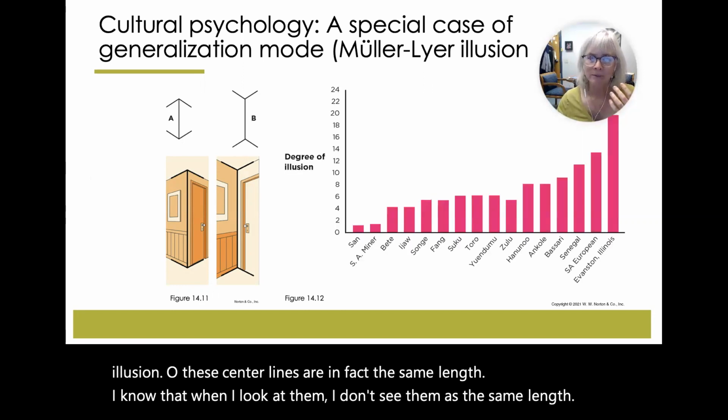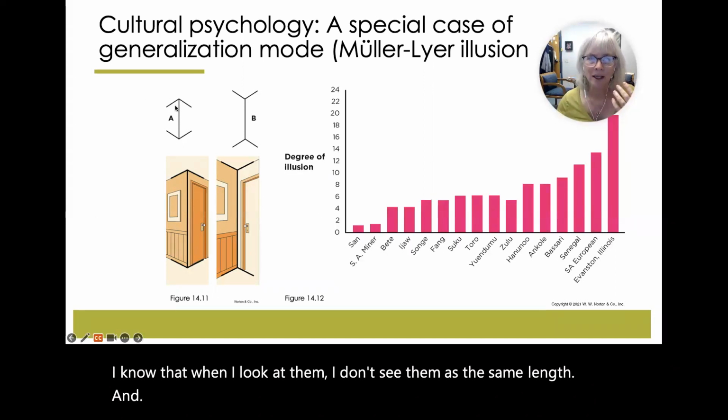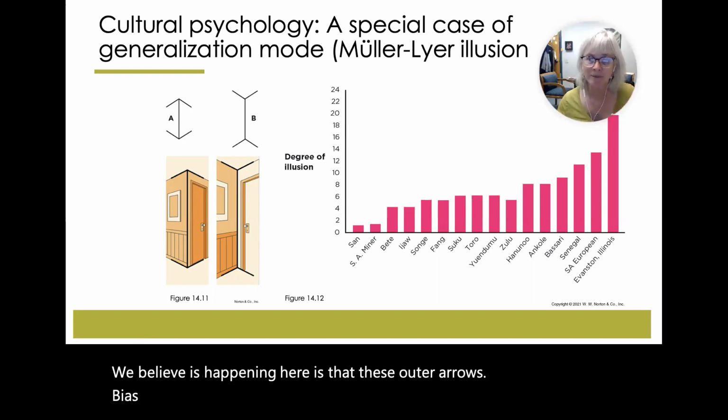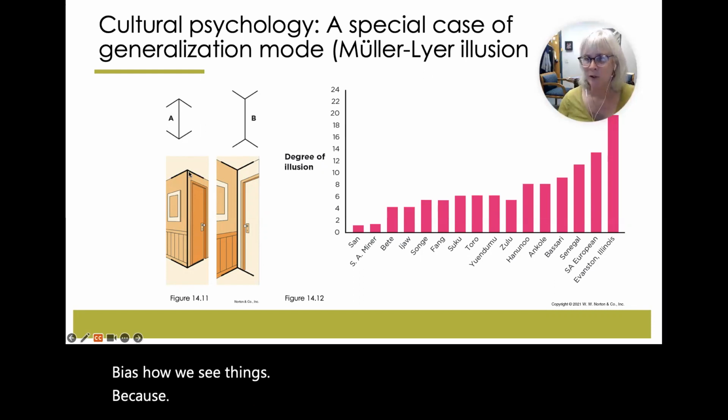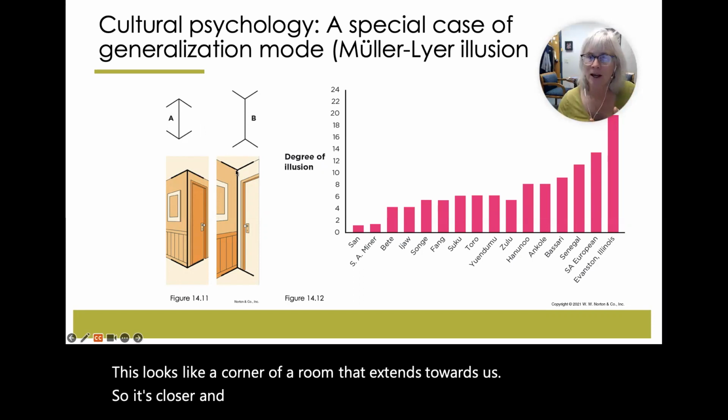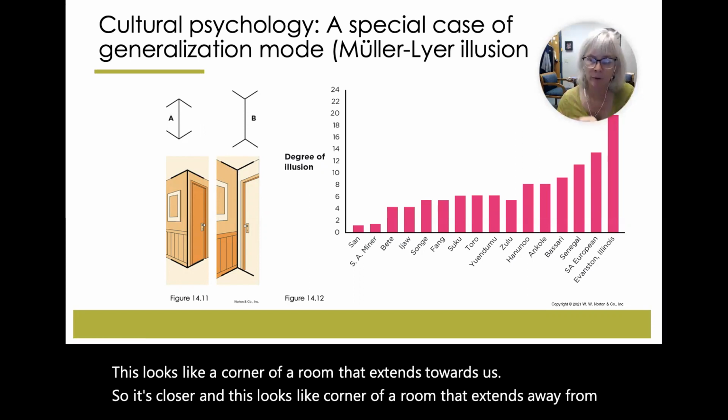What we believe is happening here is that these outer arrows bias how we see things, because this looks like a corner of a room that extends towards us, so it's closer, and this looks like a corner of a room that extends away from us, and so is further.